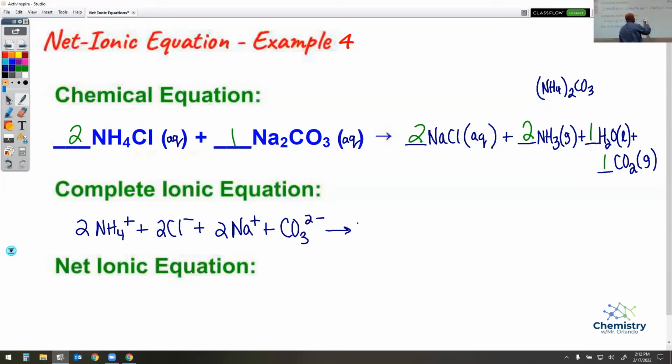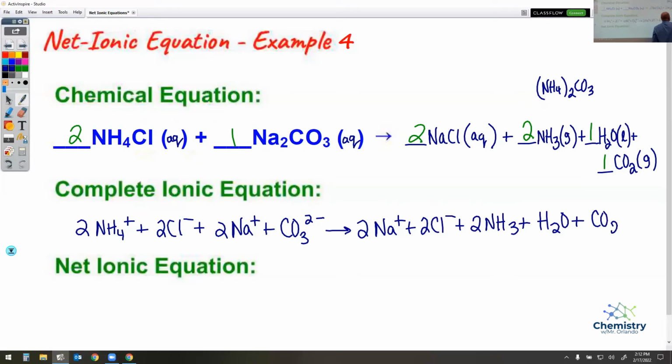On the product side, we have 2 sodium ions, we have 2 chloride ions, but all of the other products are either gases or liquid, and those will remain together. 2 NH3 plus 1 water plus 1 carbon dioxide. Now, identifying spectator ions. We have 2 chloride ions, those will be eliminated, as well as our 2 sodium ions.